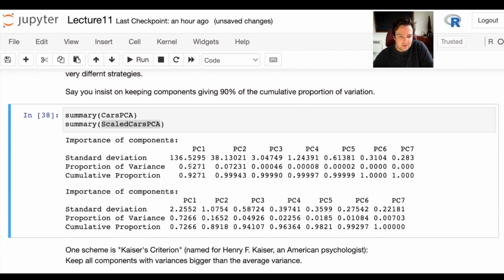For sure, with the unscaled data, I would stop after one principal component. And for the scaled data, I probably would keep the first 3 before I got over 90% of the cumulative. So that's pretty different. Someone following this rule using standardized data would say what we have is a 3-dimensional problem. And if you used the blown up data, you would say one dimension is fine.